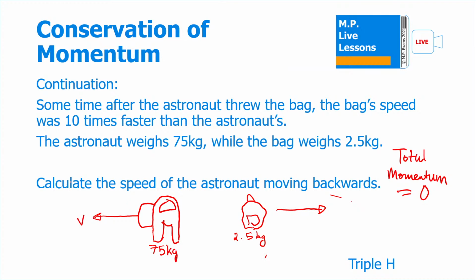Now let's say the astronaut moving back is moving at v meters per second. So their momentum, since it's going leftwards, is negative. So this has a momentum of minus 75 v.